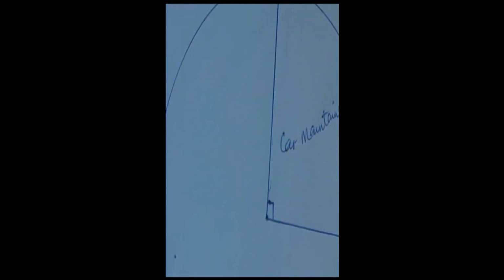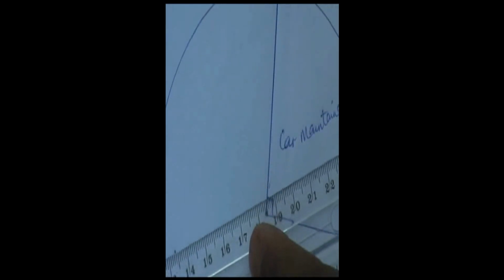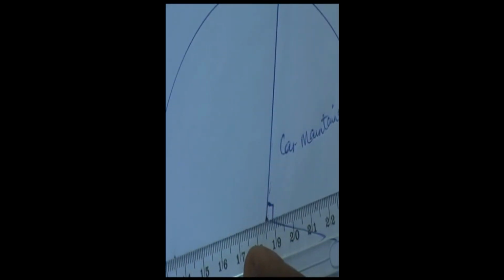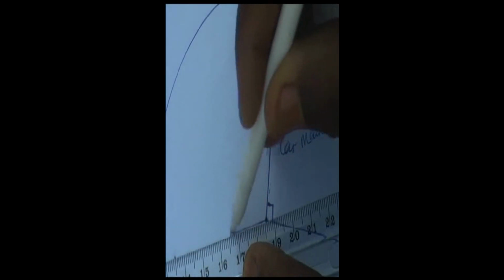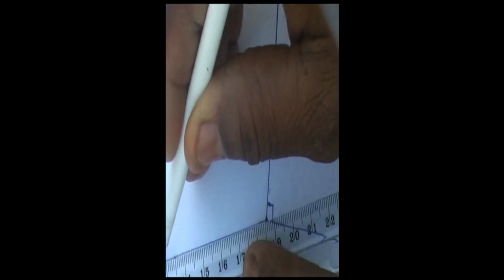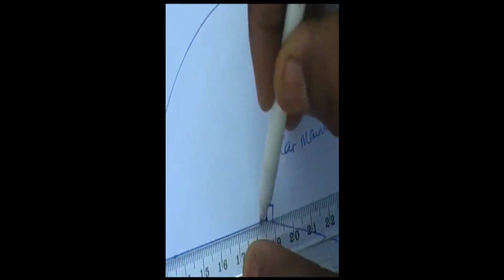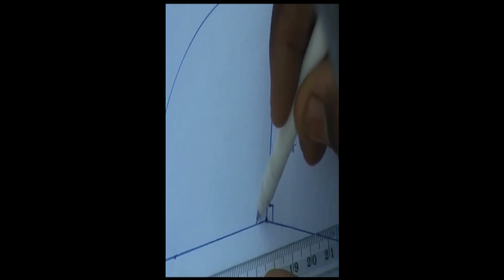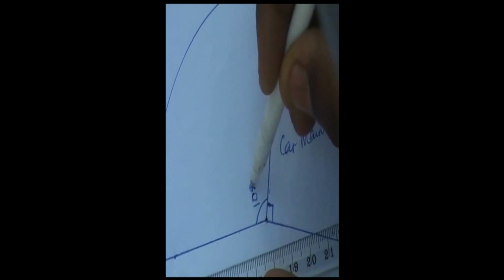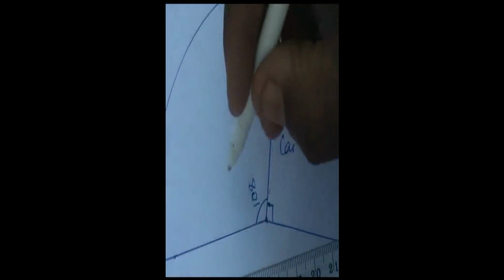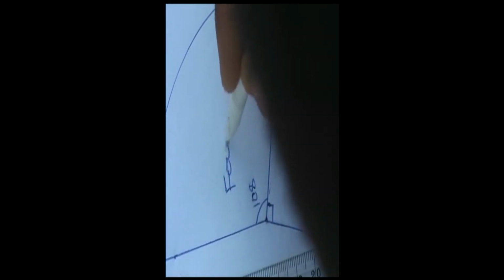When you have done that, remove the protractor. Use your ruler and join that point to the center of the circle. When you join it, extend it to the end of the circle. Put a mark and put 108. This 108 is for food, so you can write food here.